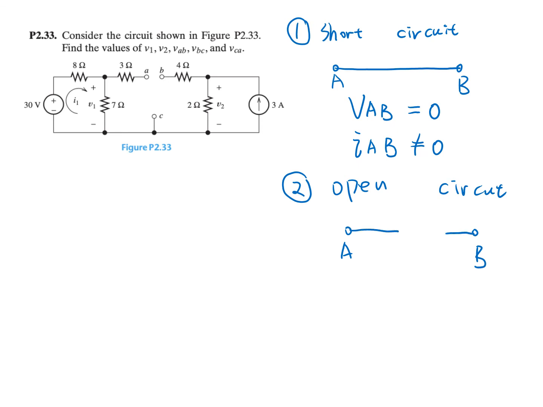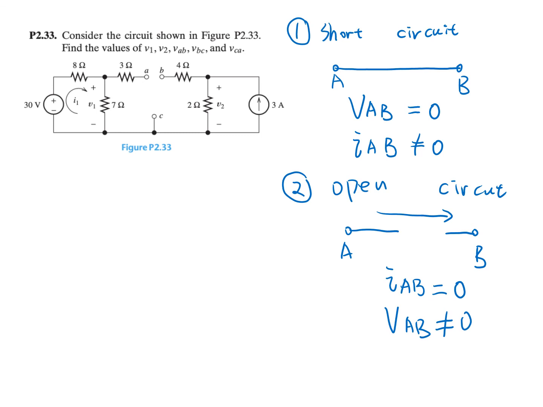This is terminal A and this is terminal B, and we have a point that's not connected between A and B. So in this case, there's no current, so IAB is equal to 0 because they are not connected, so there is no current flow through A and B. But VAB may not be 0. That's the important point we need to keep in mind.